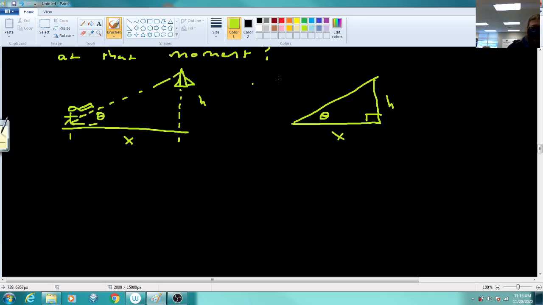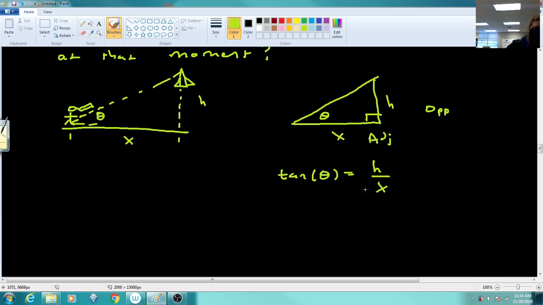So we need to come up with an equation that relates x, h, and theta together. If the angle's down here, h is the opposite side, x is the adjacent side. So we could say tangent of theta equals opposite, which is h, over adjacent, which is x. The way the problem stated, x doesn't change with time, it's just 6.